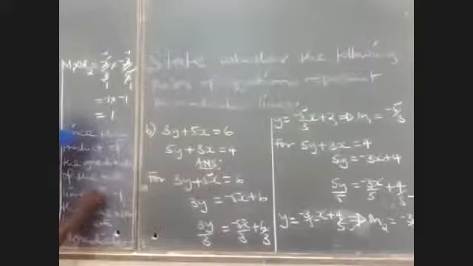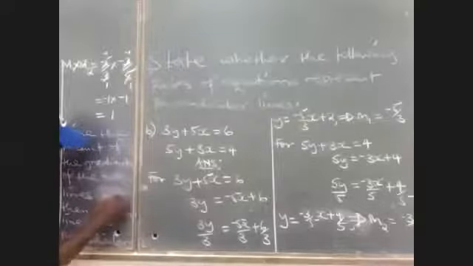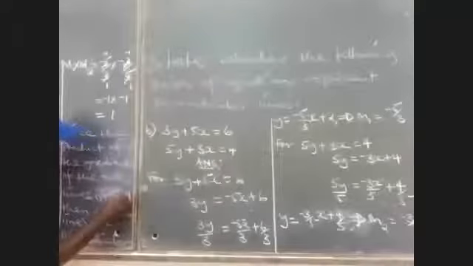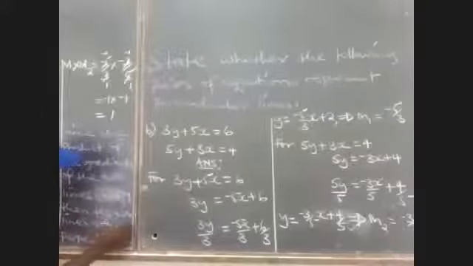So here we are saying that since the product of the gradients of the two lines is not negative 1, then the two lines are not perpendicular.